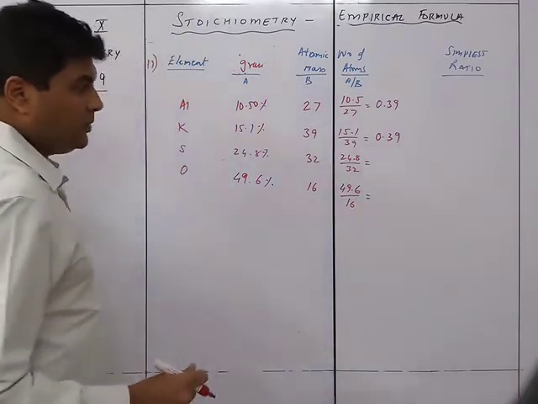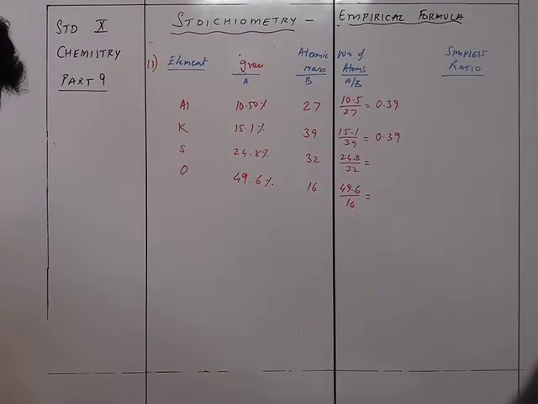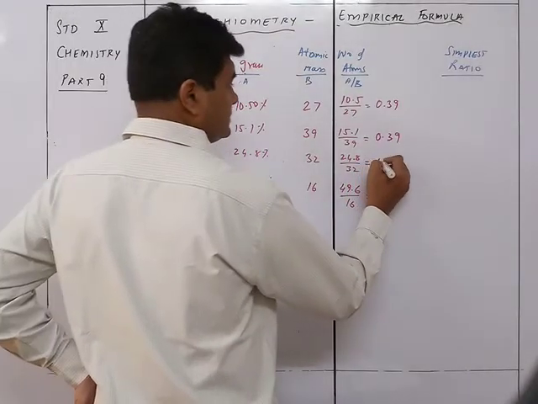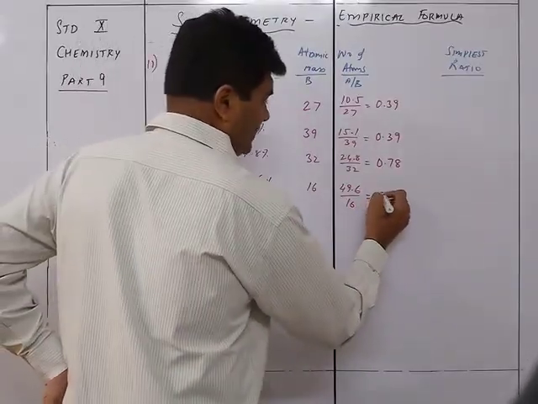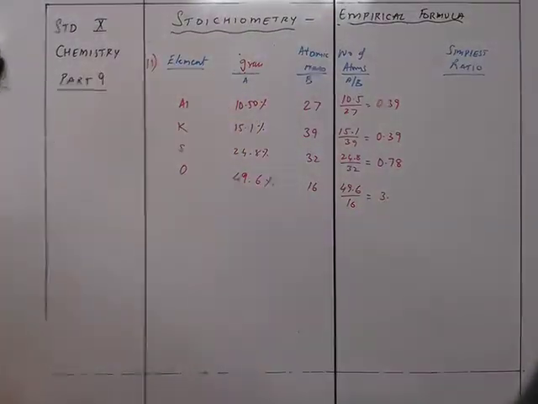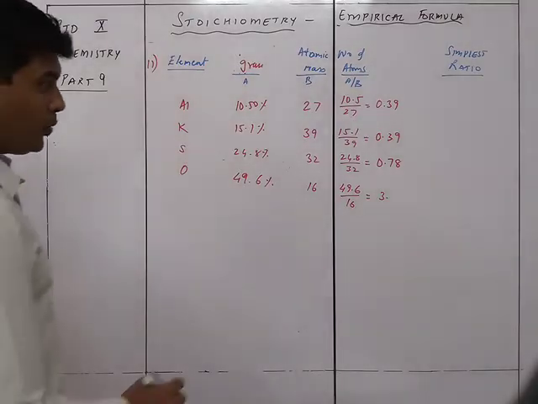Okay, this will be 1 point something, so it will be 24.8 divided by 32 will give you 0.78, and this one will give you 49 point something here, so it will give you 3.1.